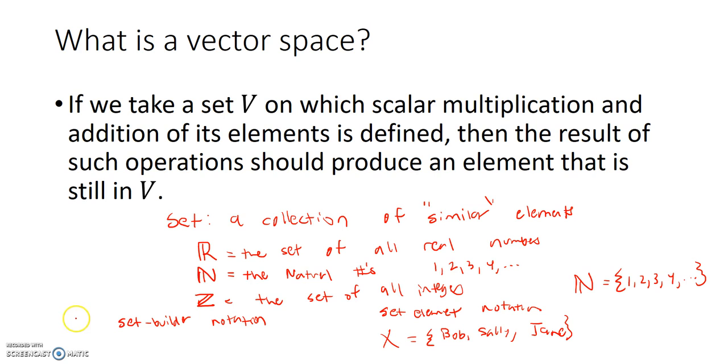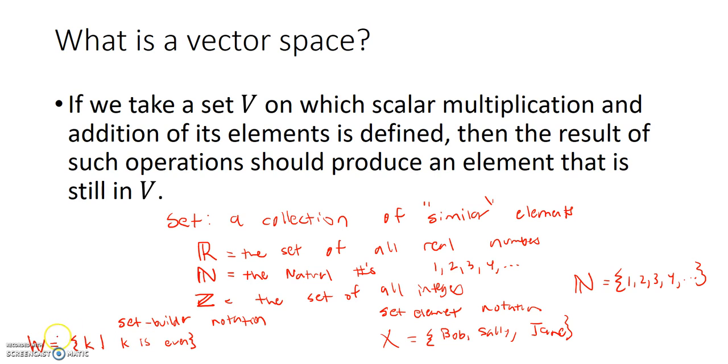Now, set builder notation is more powerful, and the way we would describe this is, for example, we could say, let's say that W is the set of all elements K such that K is even.